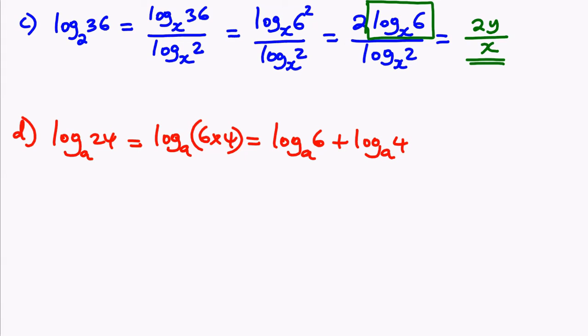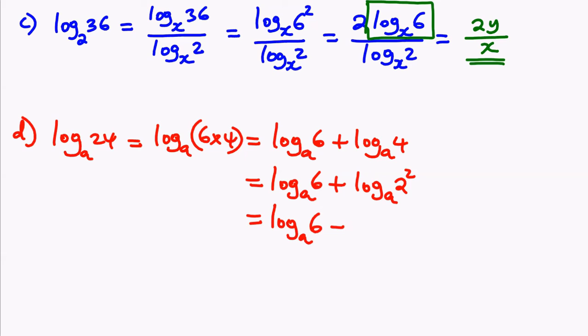This will be equal to log to base a of 6 plus log to base a of 2 squared, because 4 is 2 squared, which will be log to base a of 6 plus 2 log to base a of 2, and that will be y plus 2x.